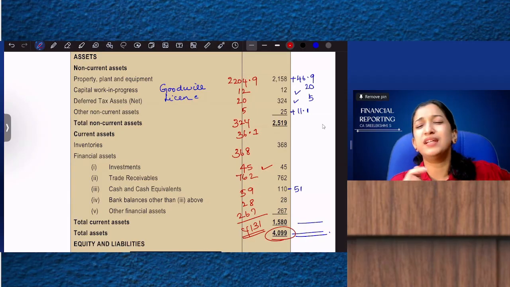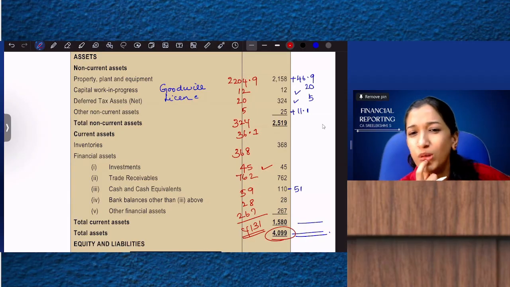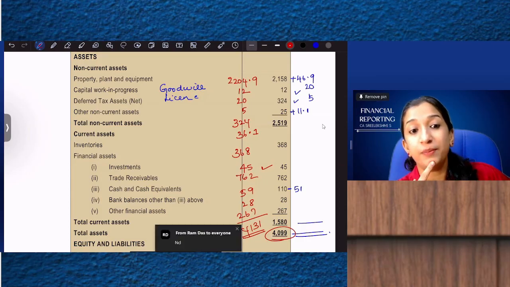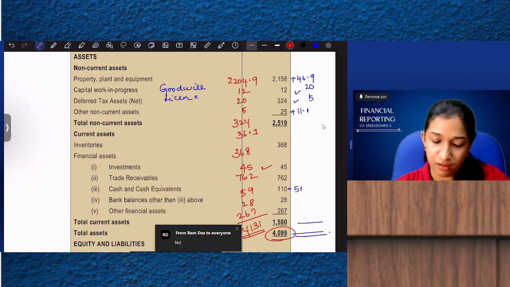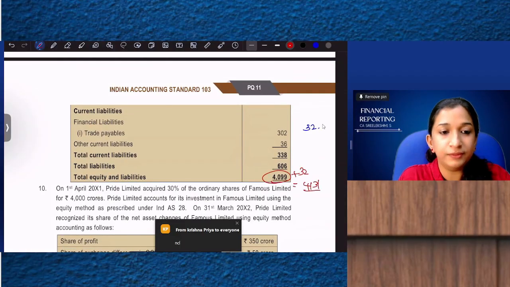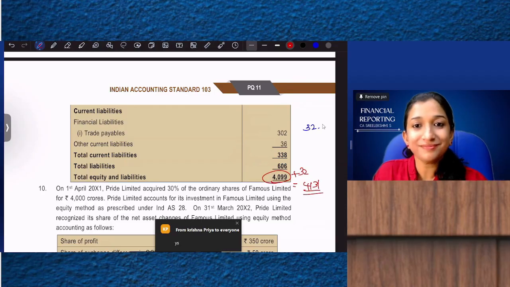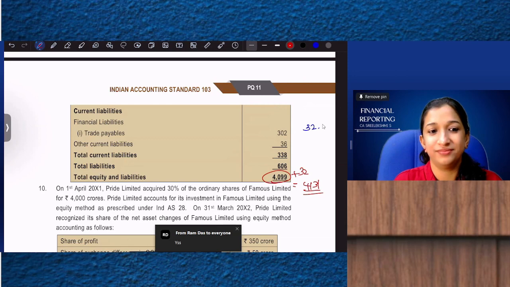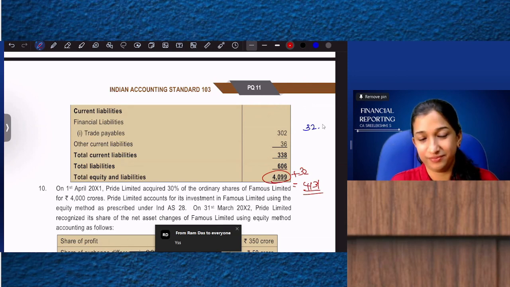And on my liability side, there is only one change. What is the only one change in my liability side? 32 non-current liabilities increased. So it is 4099 plus 32. Is it 4131? Yeah, balance sheet is tallied.